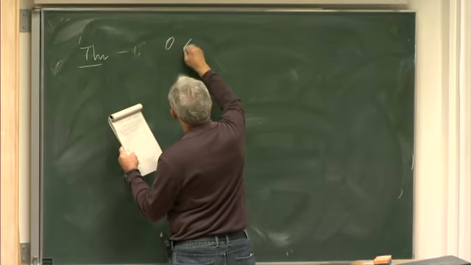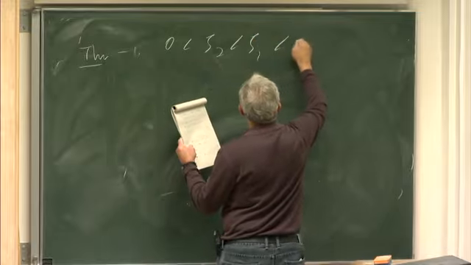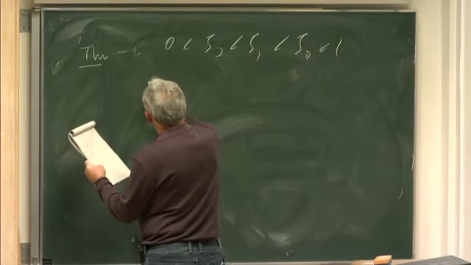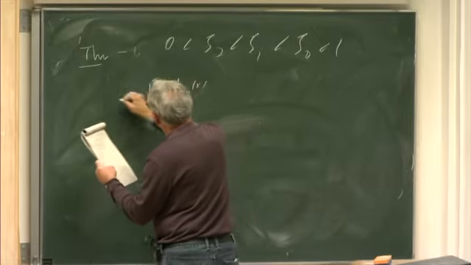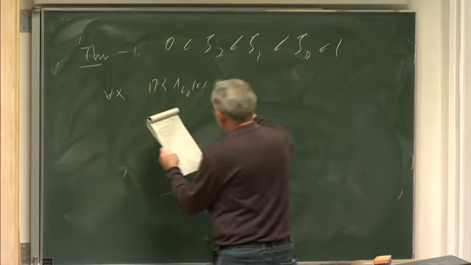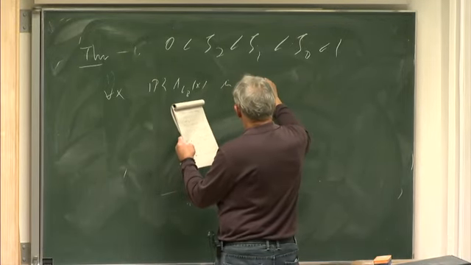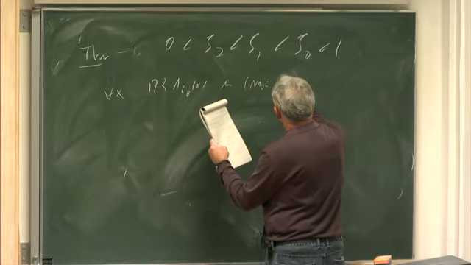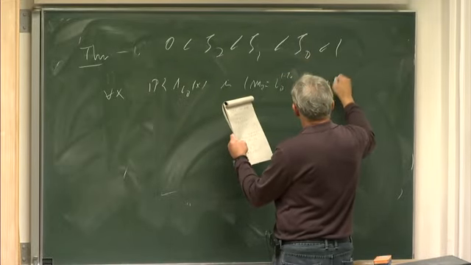So I'm going to have this: zeta 2, zeta 1, and zeta 0. And I know that the probability that for all x is m0, and m0 here is exactly L0 to the 1 minus zeta 0, E regular.